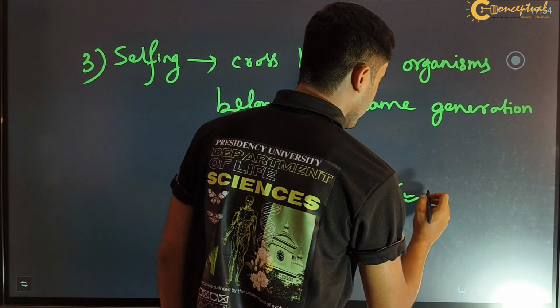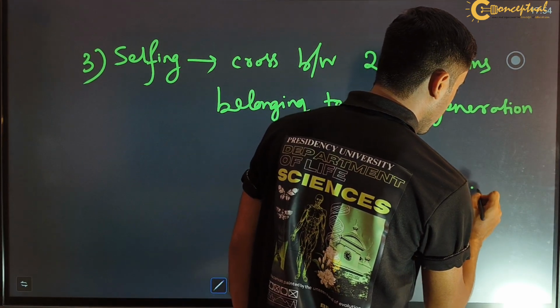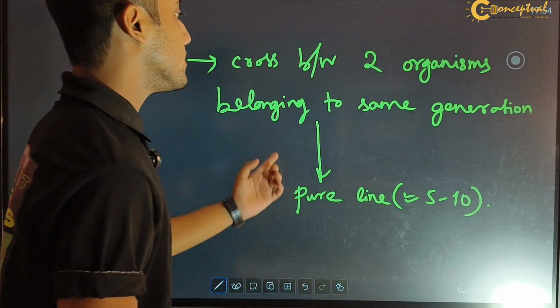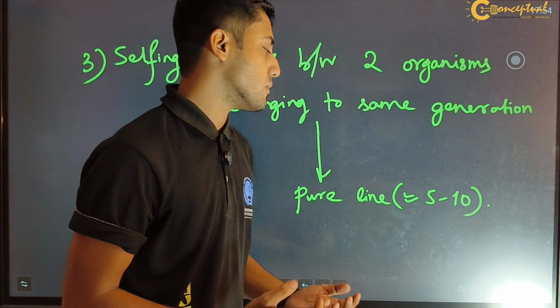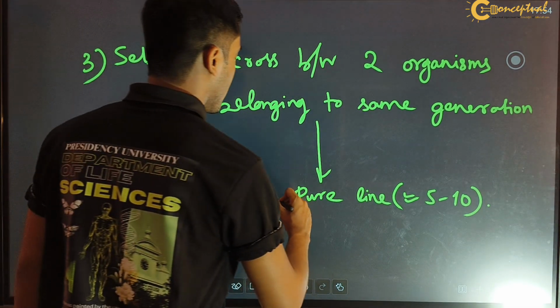If consecutively 5 to 10 generation members are selfed or crossed between the members of the same generation, where female and male organisms are mated, then we will be observing a pure line.